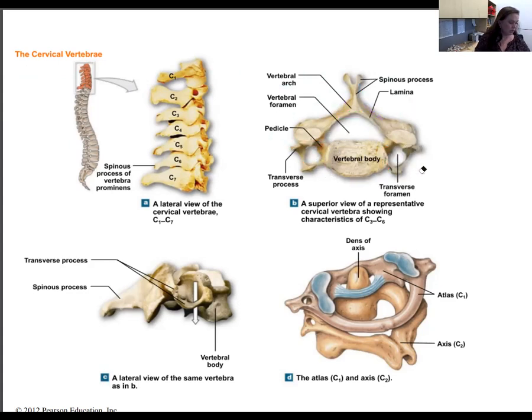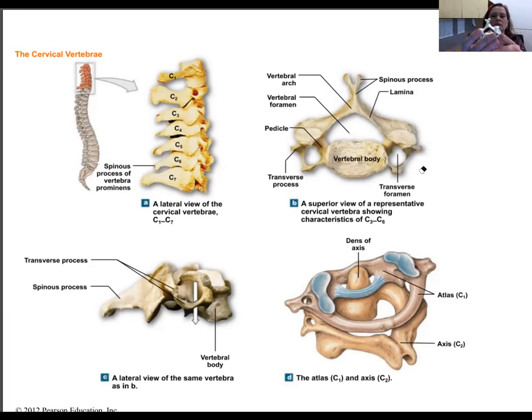I'm going to show you a cervical vertebrae now. Okay, so this is a cervical vertebrae right here. You know it's a cervical vertebrae because it has 1, 2, 3 holes. This hole right here is called your vertebral foramen. These 2 holes on the side here are called your transverse foramen.